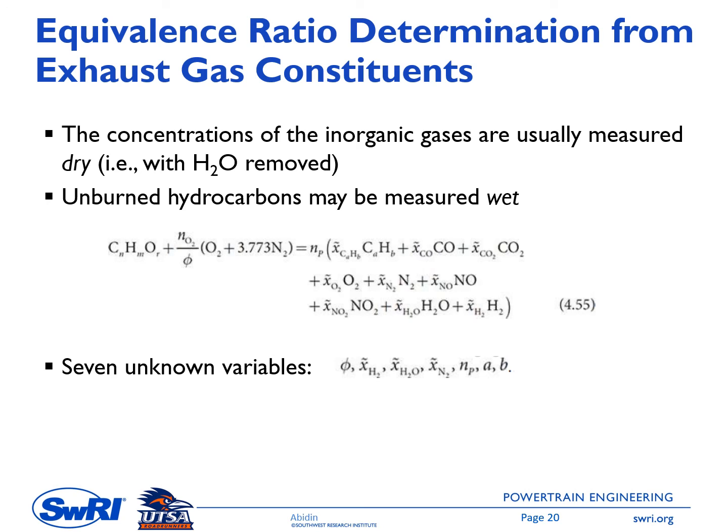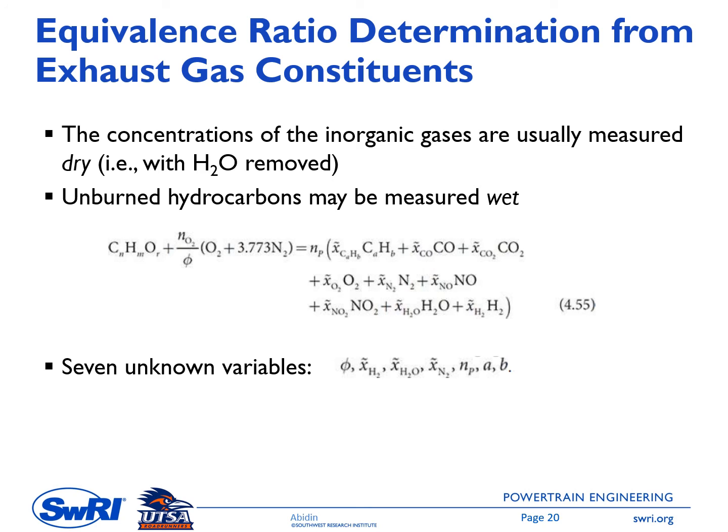So we have several unknown variables here, which is the mole fraction of the burned gas. And then we need to find other equations so that the number of the unknown variables is the same as the number of the equations. So from the test data, the concentration of the inorganic gases are usually measured dry.